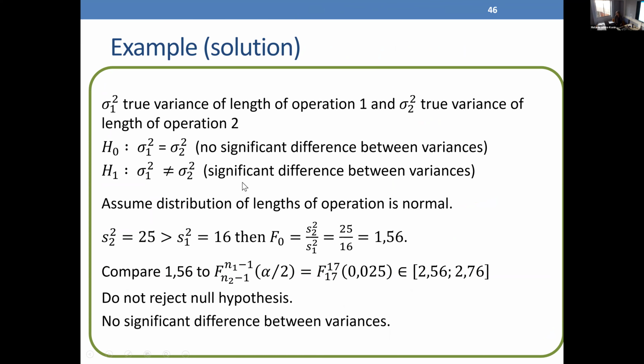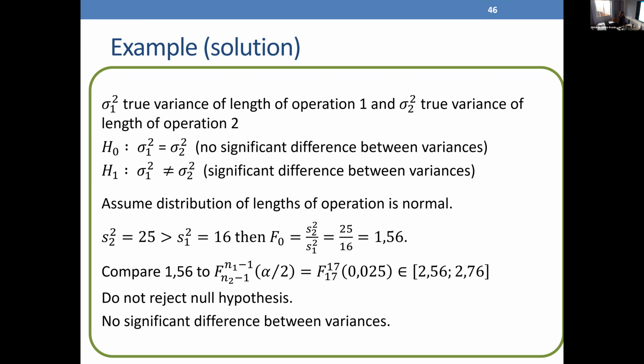Here, that was the true variance of the length of the operation. Is it equal or different? We're checking this in order to be able to do the test of comparison of means. Does everyone understand? In order to compare the means, you have to first check that the variances are not too different. That is a condition. C'est une condition d'application du test de Student de comparaison des moyennes, c'est de vérifier l'égalité des variances. We didn't do it because we didn't know how to do it. Now we know how to do it.